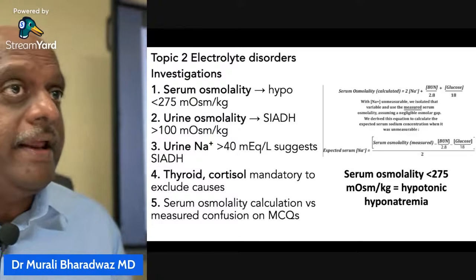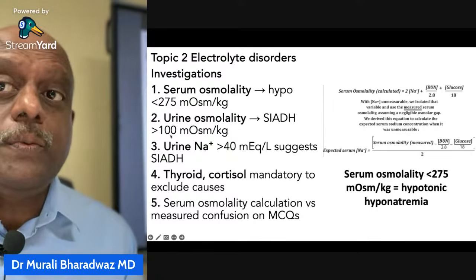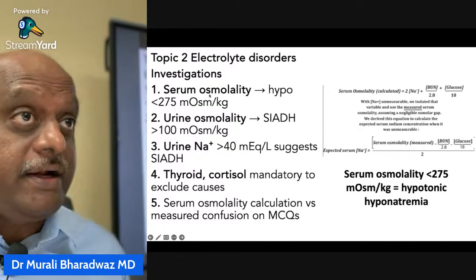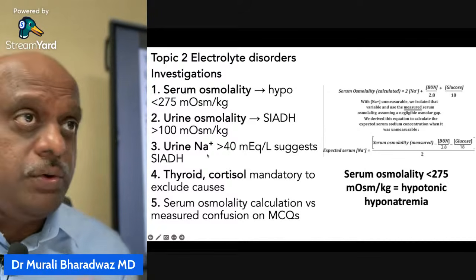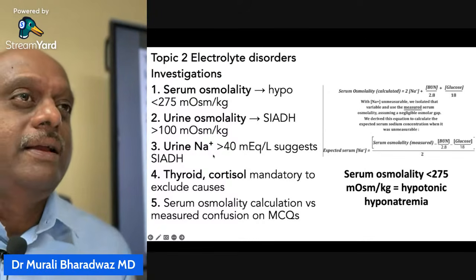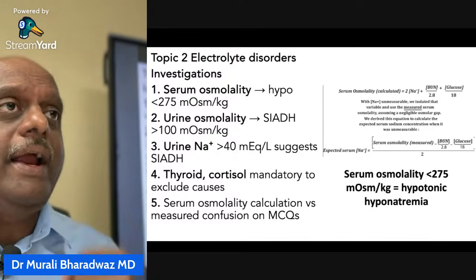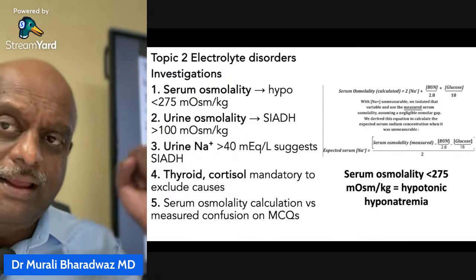So urine osmolarity increases. So urine osmolarity more than 100, serum osmolarity less than 275, urinary sodium more than 40 is the diagnostic criteria to call that as SIADH is what you need to basically remember.